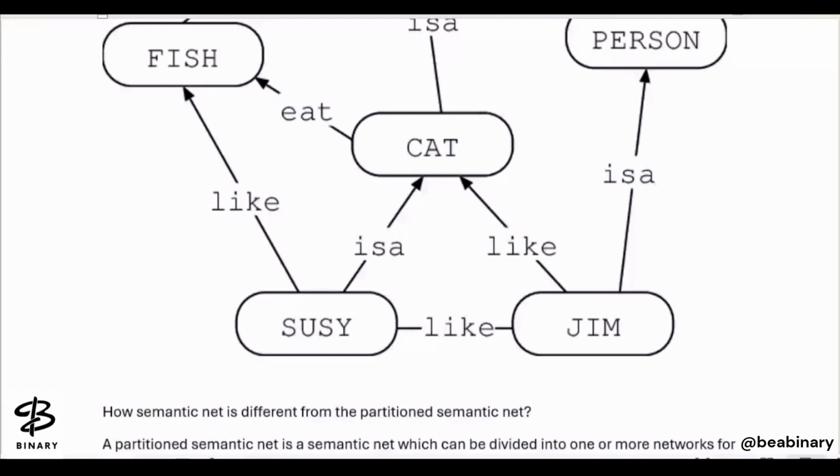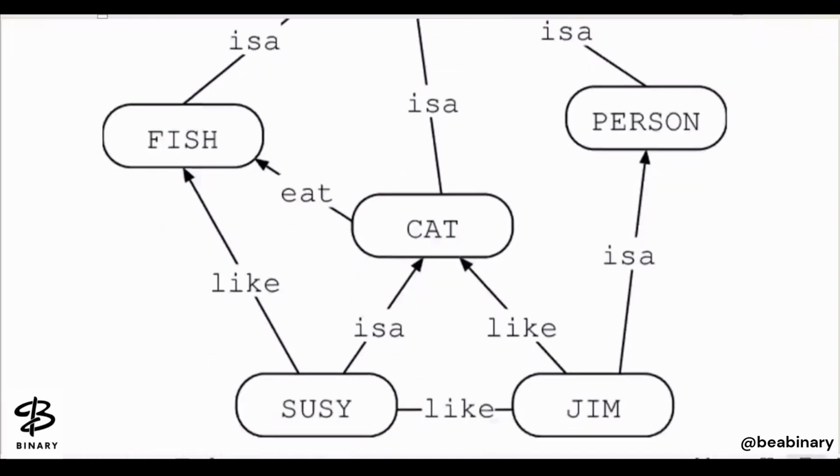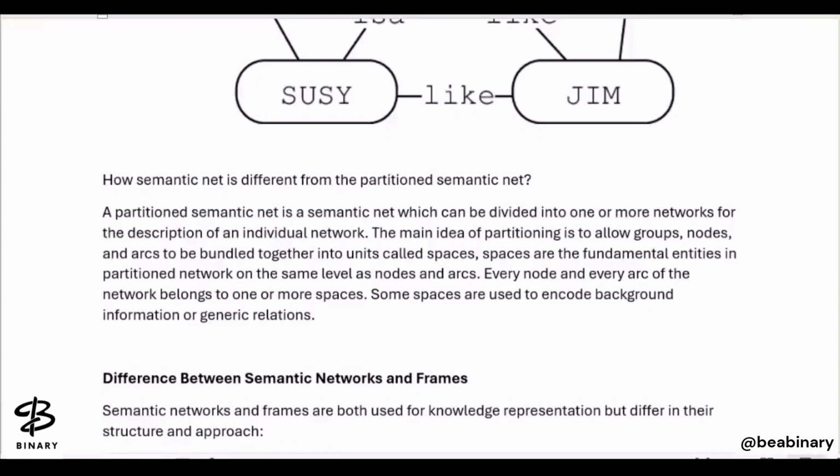And when we are talking about a bottom to top approach in a graphical representation, when we are representing a generalization relationship, we are combining two or three nodes based on a common property and forming a base node. So in that case, we are talking about the generalization, right? And the spatialization form and the generalization form of the networks are basically the partition semantic networks.